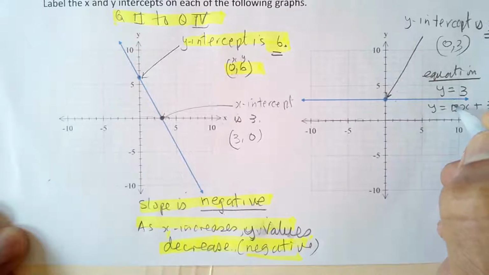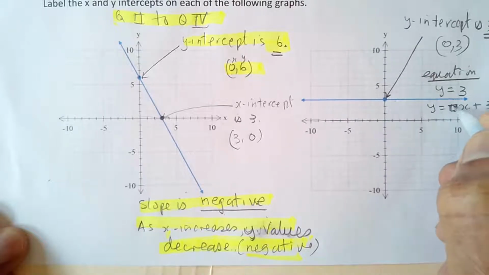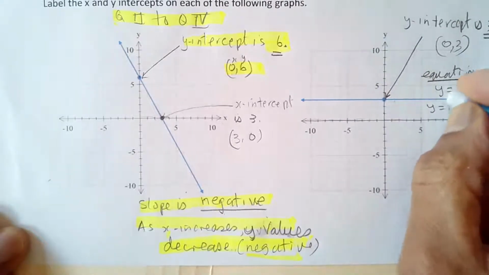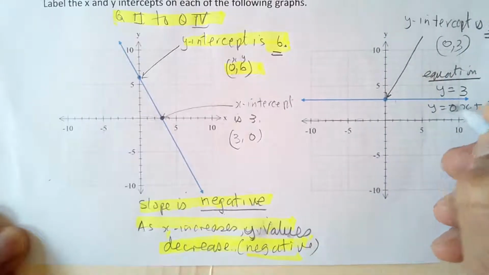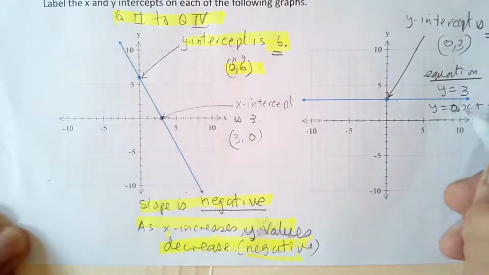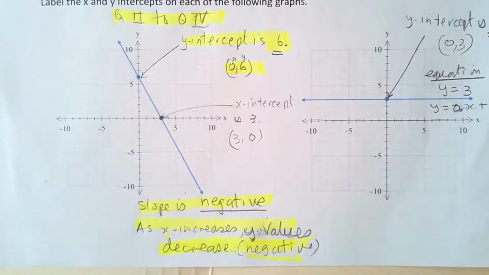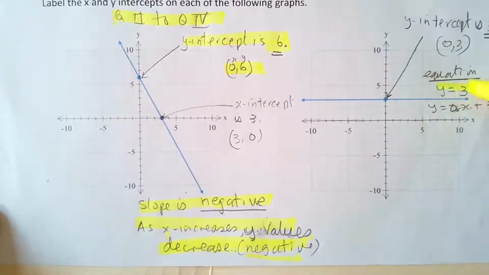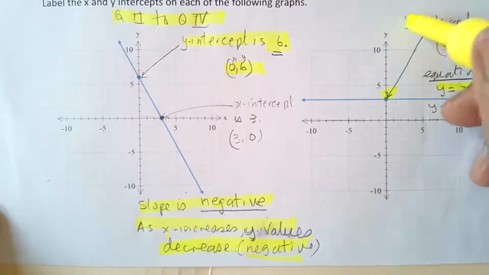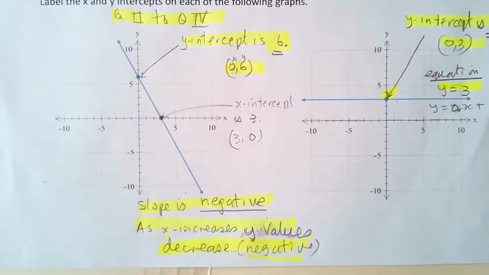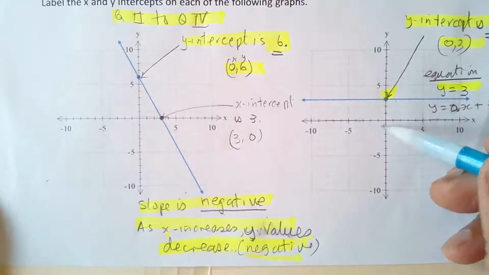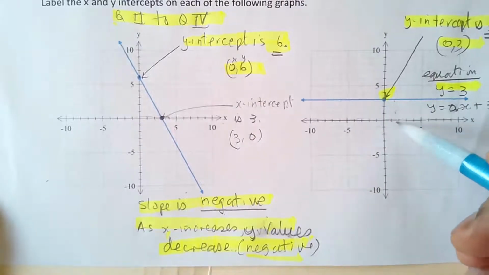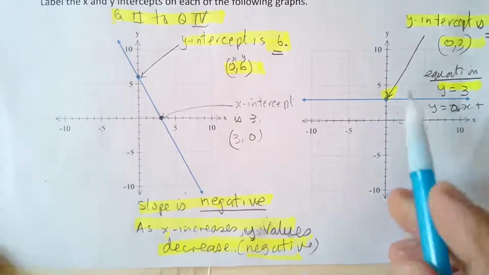But since the number in front of the x is 0, we can write it as 0x plus 3. We can remove the 0x and we're left with 3. That's why we have y equals 3 as the equation. So there's no x-intercept because the line doesn't cross the x-axis, only a y-intercept.